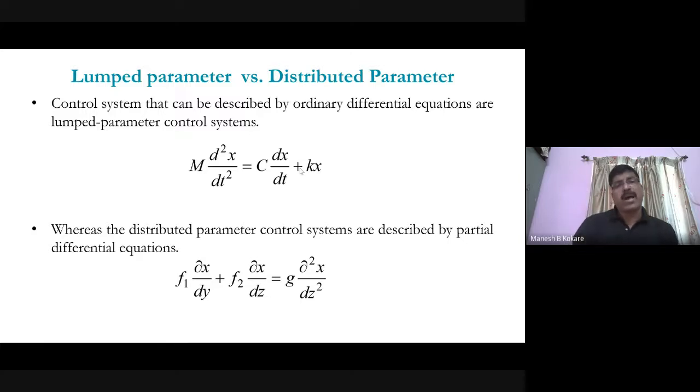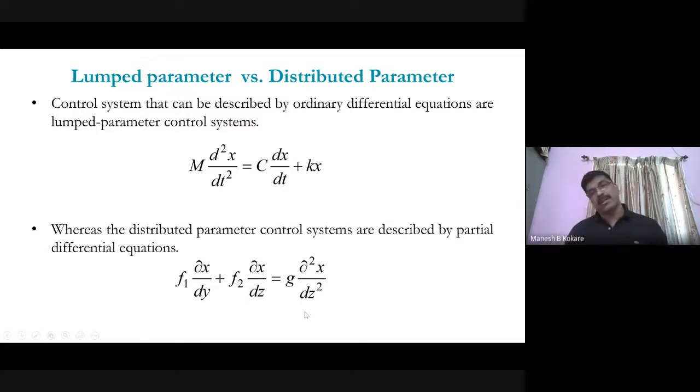Whereas distributed parameter control systems are described by partial differential equations. See that this is defined. Your lumped parameter control system is defined by an ordinary differential equation, whereas distributed control systems are described by partial differential equations. So this is the partial derivative of x with respect to y and with respect to z, and then the double derivative and so on. Such systems are called distributed.